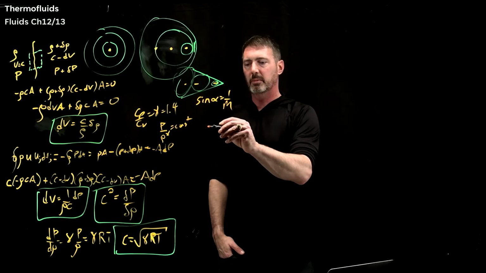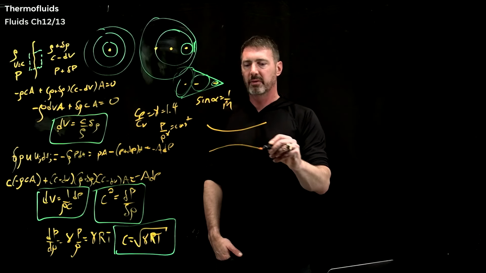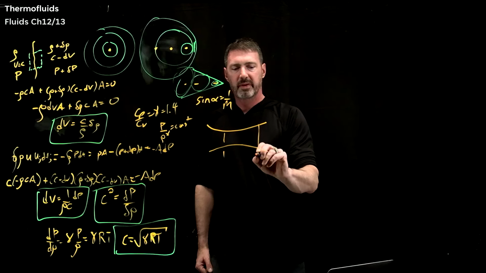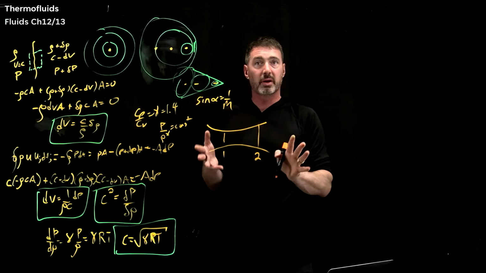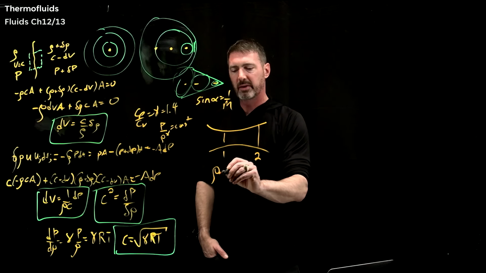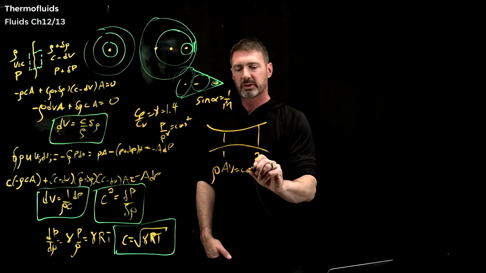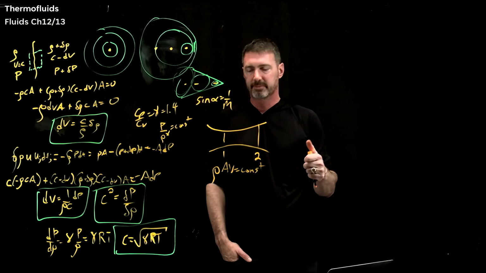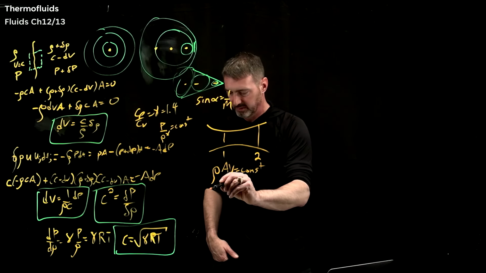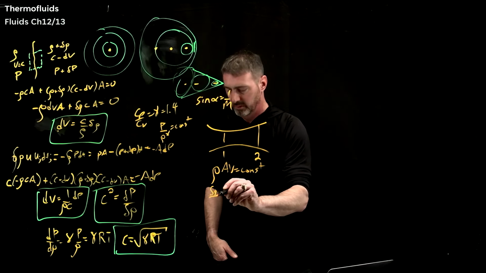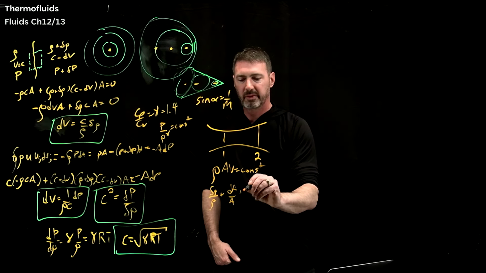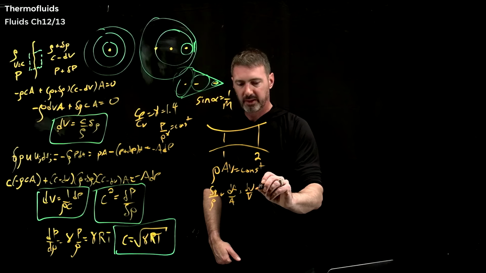And so what we'll do is imagine you have flow in the system. Generically, this is state 1, this is state 2. And this is intentionally separate areas. If you do conservation of mass, rho A V is constant, and then you take the derivative of that, what's pretty easy to then do, this is d rho over rho plus dA over A plus dV over V is equal to 0.